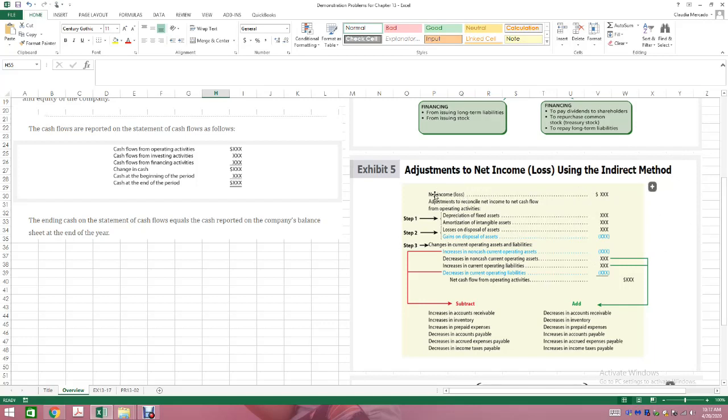You always start off with your net income or your loss. That's your starting point all the time. Then you have several adjustments that need to happen to reconcile net income to the net cash flow from operating activities. So we have three steps that occur.